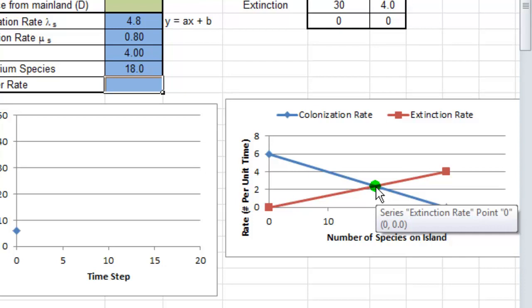At that point in time, we would expect that the island might experience different species coming in and different species going extinct, but we would expect that over time it would remain stable with 18 species present. So again, 18 species present, but from time step to time step, the composition may actually be changing. Which species are present and which species are missing may be changing with each time step.